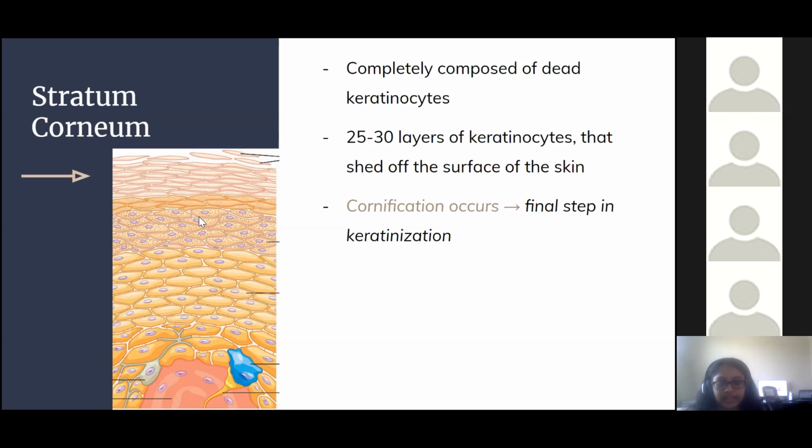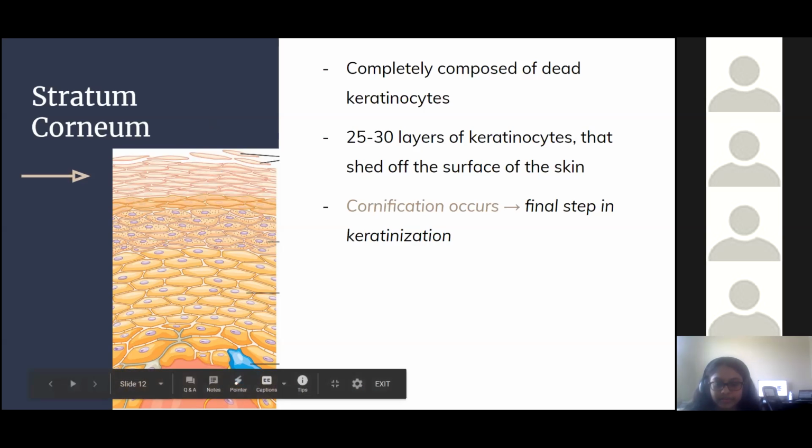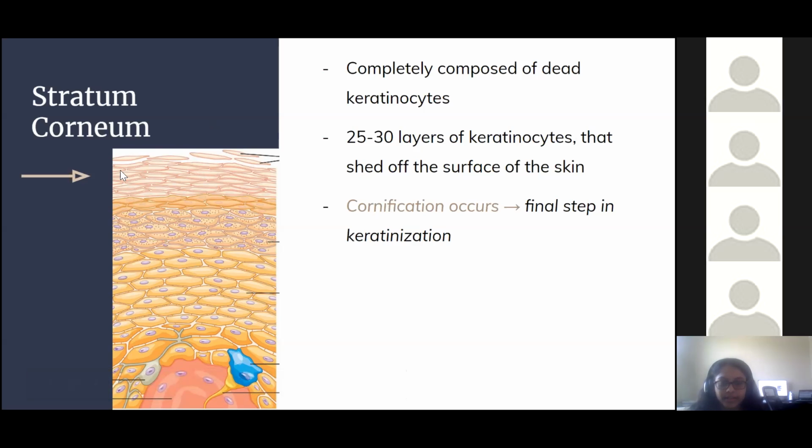If you ever had ashy elbows, basically there's a bunch of keratinocytes that are dead, and they're being shed off. You can see how the cells are being shed here.